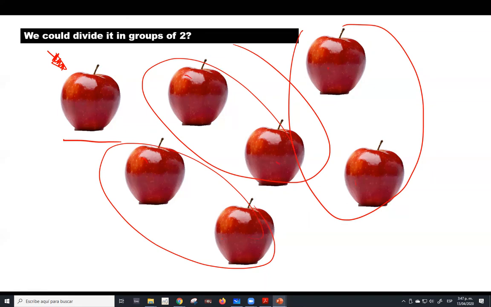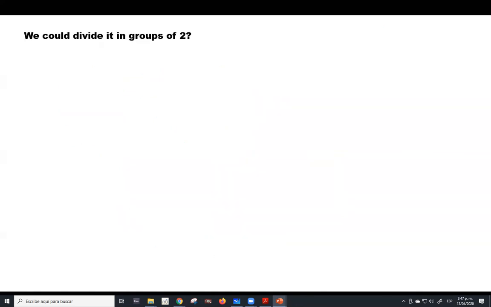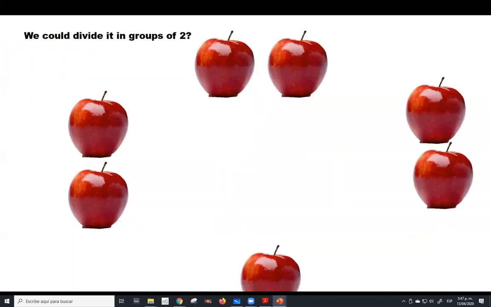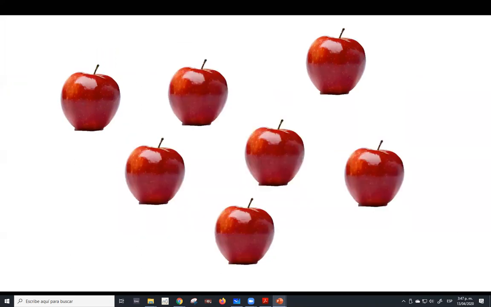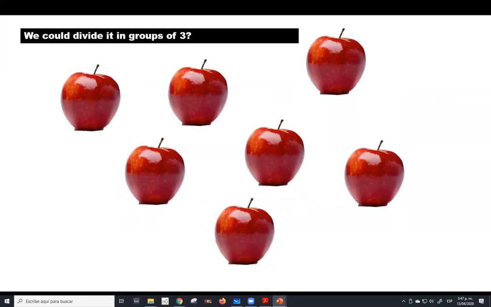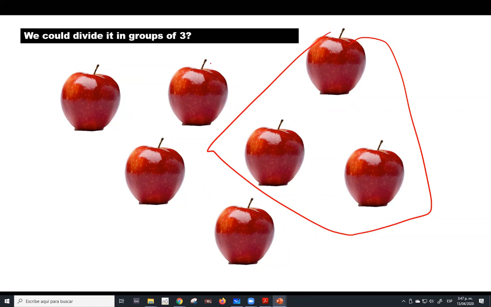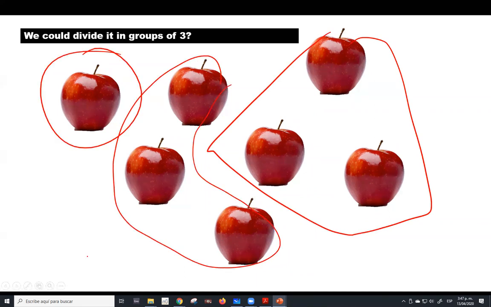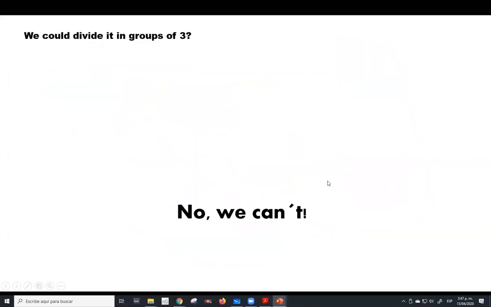That means that 2 is not a divisor or a factor of 7. So let's try with another number. Here, Valderrama, can we do it by 3? No, because of the same reason. Here you have this group of 3, this group of 3, and this one is alone. So 3 is not a factor or a divisor of 7.